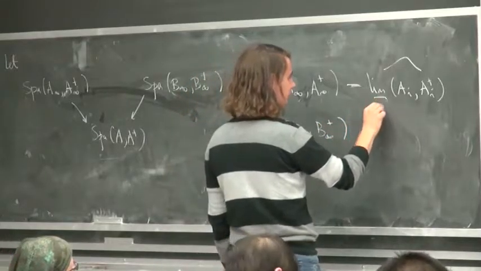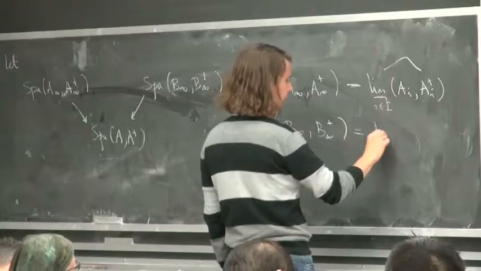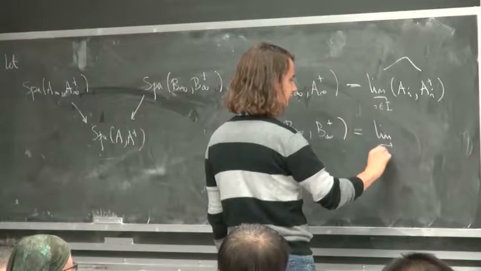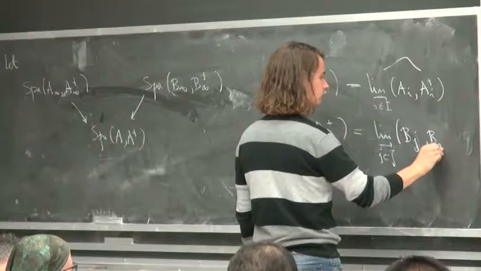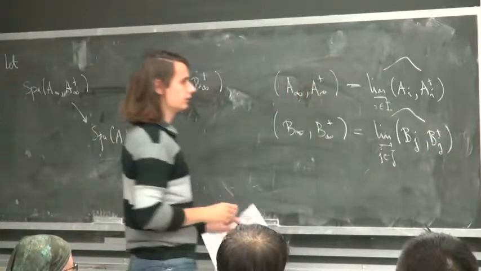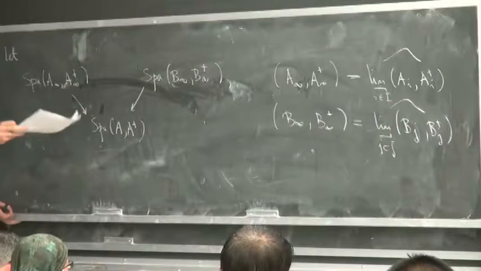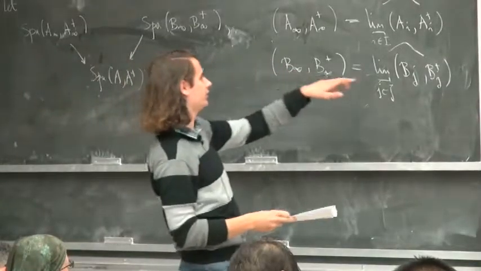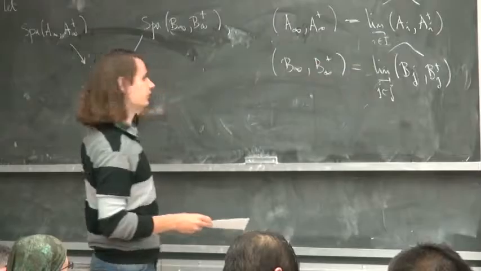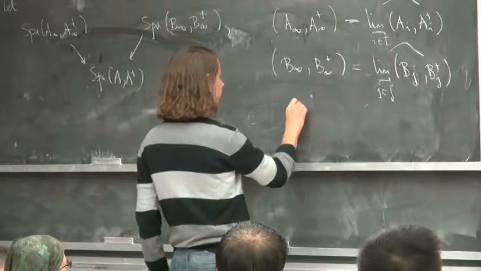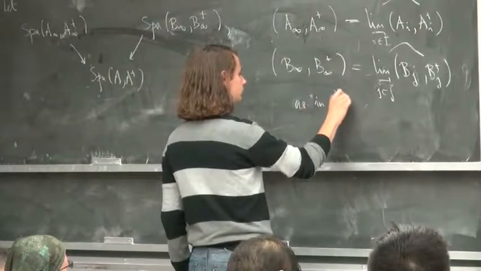This is over some index category I, and this is over some possibly different index category J. And the situation is as in the definition, so all algebras appearing are perfectoid, and the maps from these finite guys down there are étale, as in the definition.